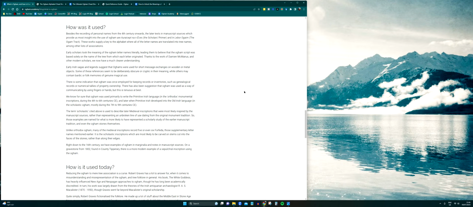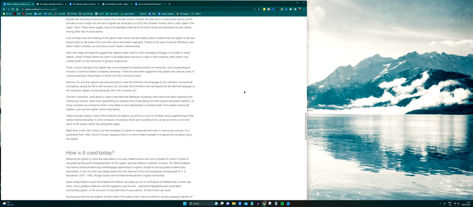We know for sure that Ogham was used primarily to write the Primitive Irish language in the Orthodox monumental stone inscriptions during the 4th to 6th centuries Common Era, and later, when Primitive Irish developed into the Old Irish language, in the Scholastic Ogham, mostly during the 7th to 9th centuries Common Era.